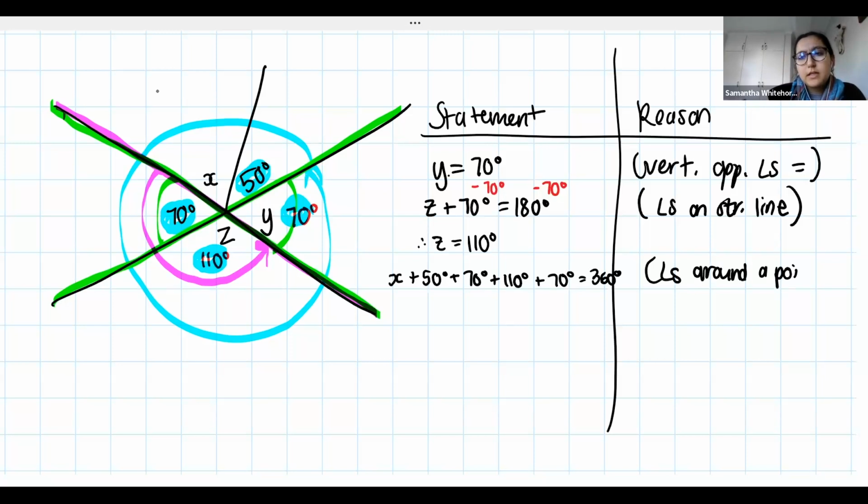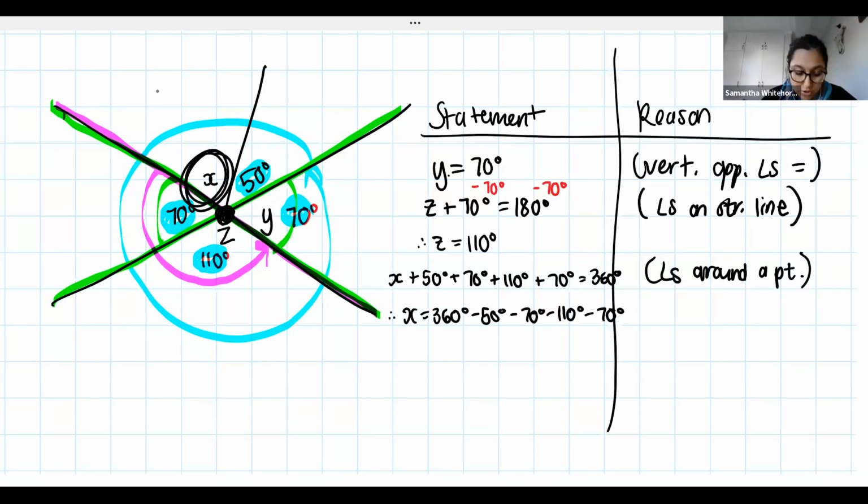Okay, and I could do that because I had every other angle except for this little angle X around that central point in the middle. So now I solve my equation. I bring everything over. So X is equal to 360 minus 50 minus 70 minus 110 minus 70.